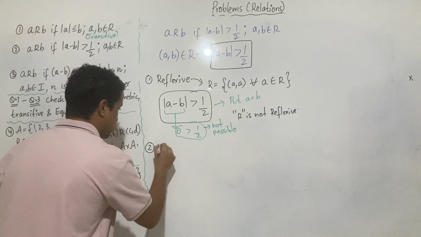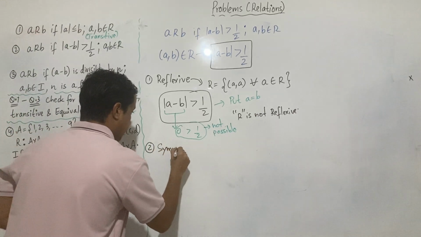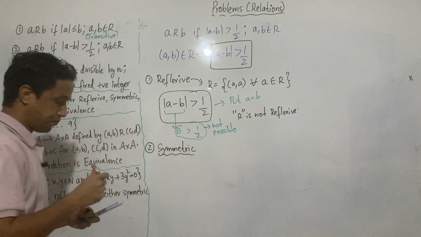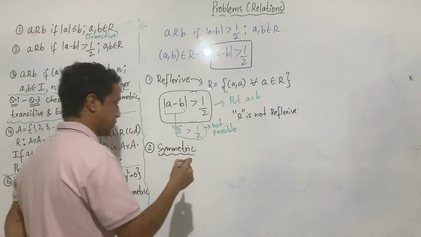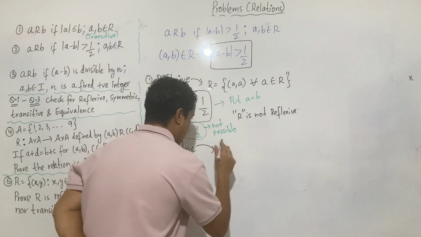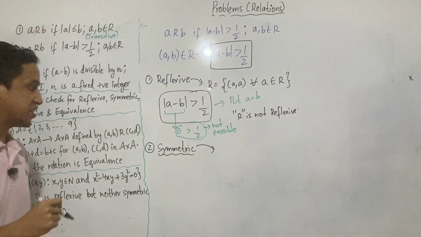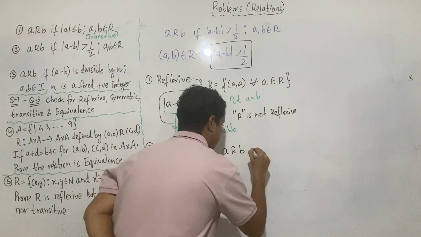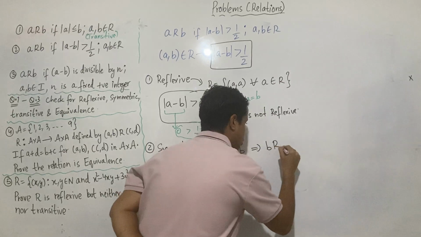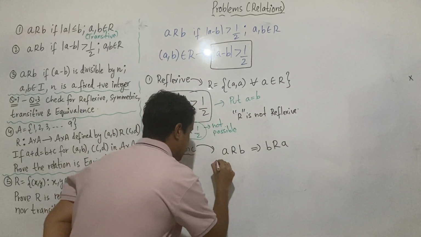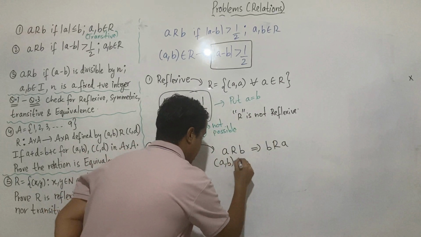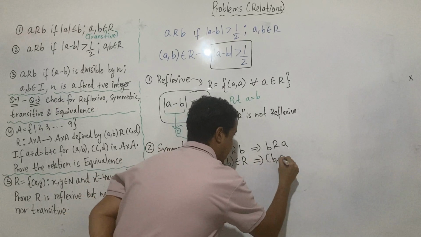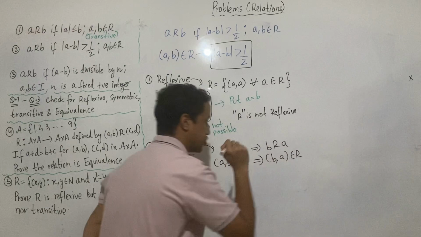Then next we have to check if it is symmetric. The definition of symmetric is that if A is related to B, then B must be related to A, which says that if (A, B) is in the relation, then (B, A) must be in the relation too.